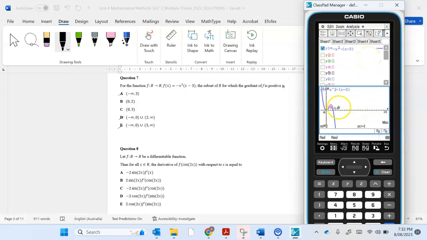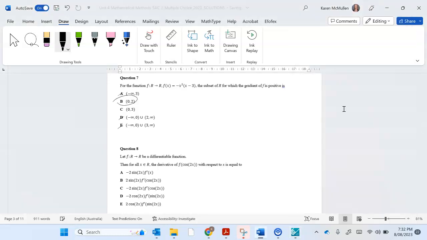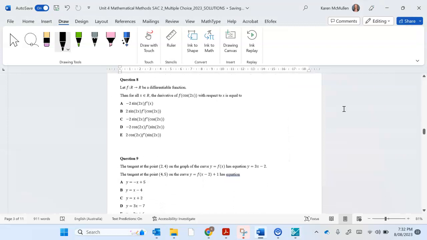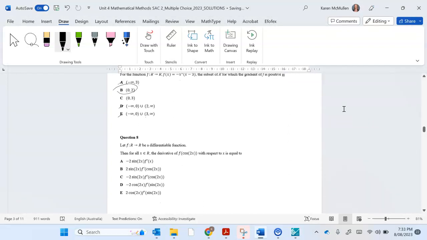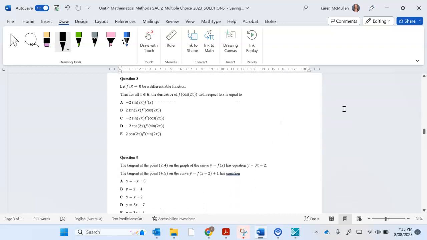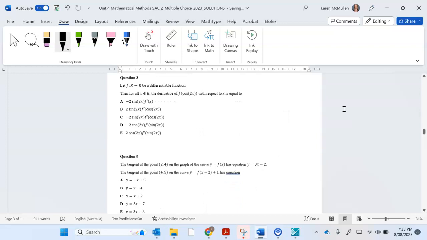All right, there it is at 2. So between 0 and 2, it is a positive gradient. You could also do the derivative if you wanted to, and then you could have a look at the derivative there.